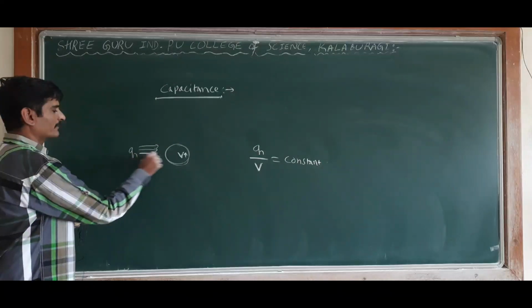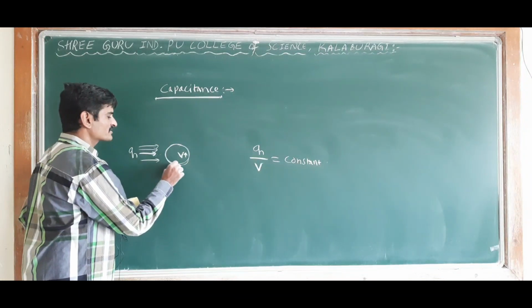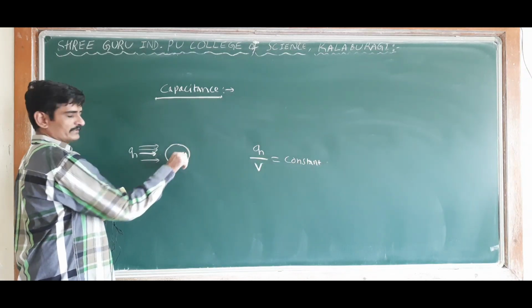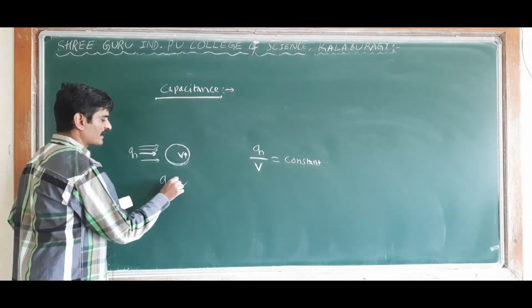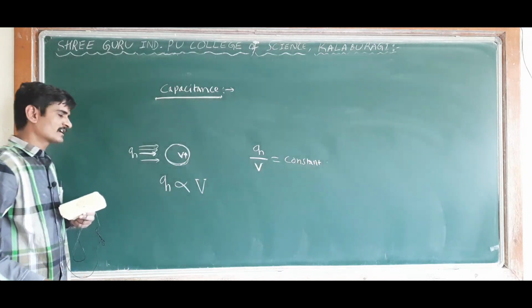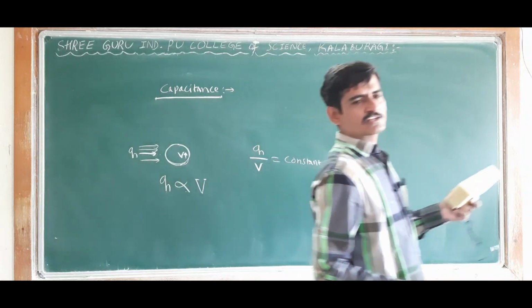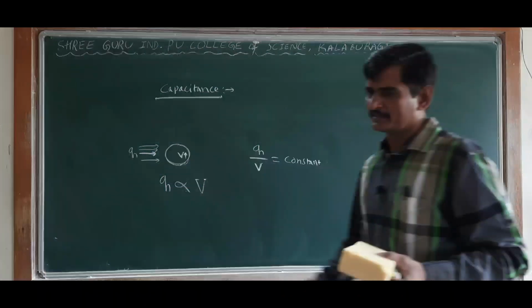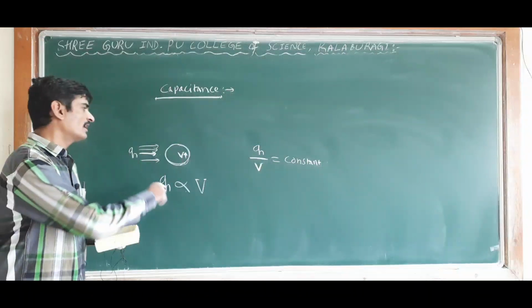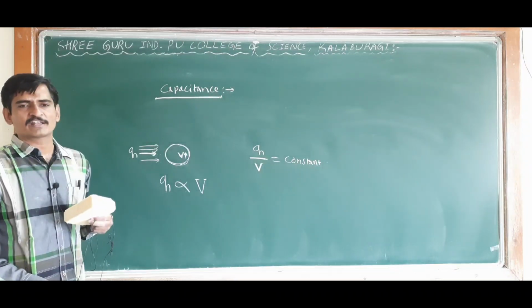When a charge is given to a conductor, the potential of the conductor will increase, right? That is, Q is directly proportional to V. That we already know. So as we go on giving more and more charge, more and more potential will increase.